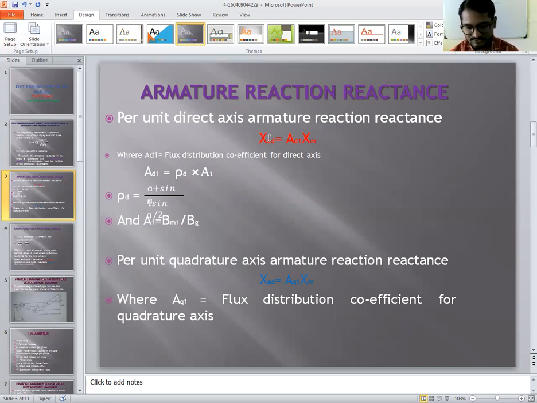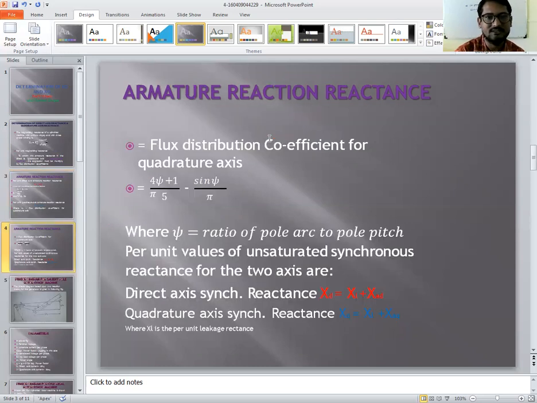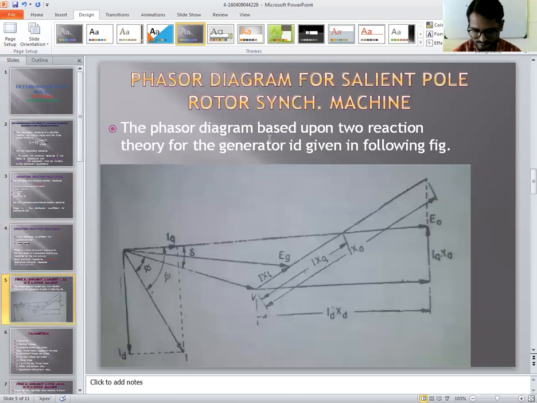Now we have to understand the determination process of XD and XQ. For this, we have to take some precautions. While carrying out the slip test, we have to take the following precautions.